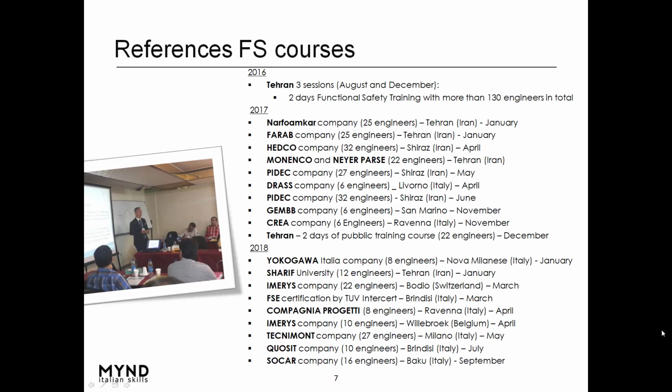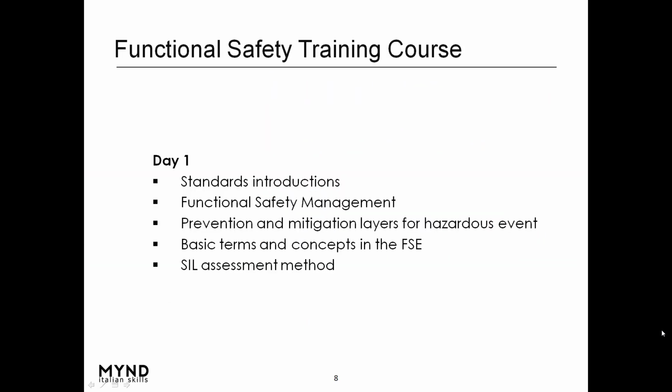Our course is not for the achievement of the functional safety engineer certification, but is a course that we offer to all engineers and engineering companies who are approaching the issues for the first time. It consists of 2 days where we start with the introduction of the famous IEC 61508 and 61511 standards.